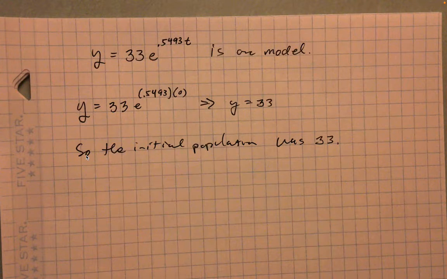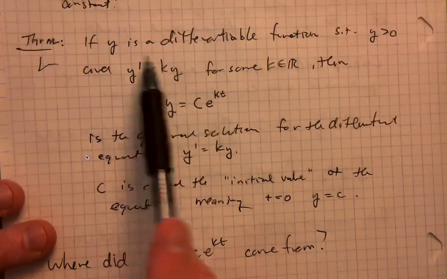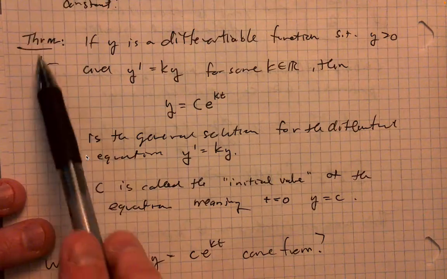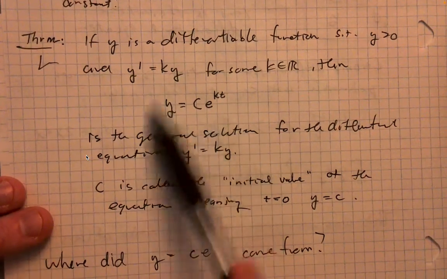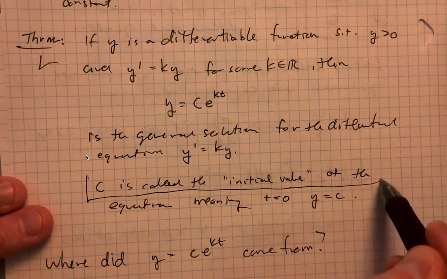All right, so that's the idea here. I don't remember if I used the terminology, let me look back at my notes. Yeah, I did, actually. When we were talking through the theorem regarding this being the general solution to this differential equation, I did say that c is called the initial value.